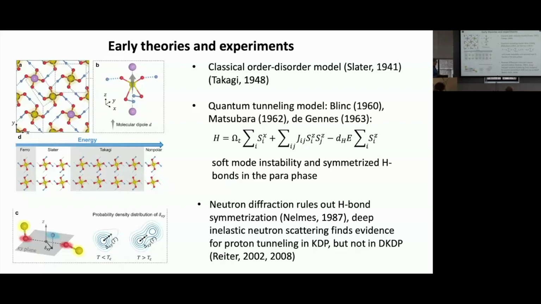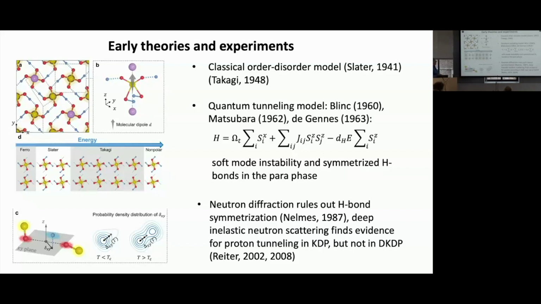So, in order of increasing energy, one has these ferro units that give a dipole moment in the direction of the polarization, the Z direction. And then there are Slater units that still satisfy the Ice rule, but do not contribute a dipole moment in the polarization direction. And then there are these Takagi units that locally break the Ice rules.